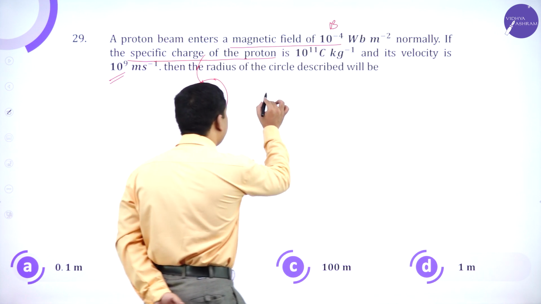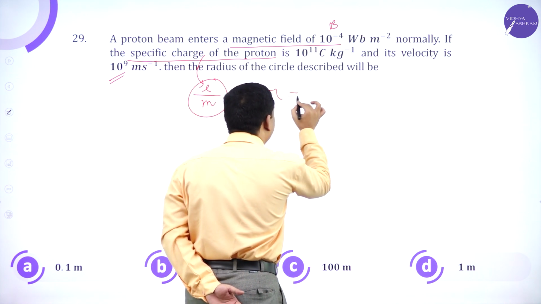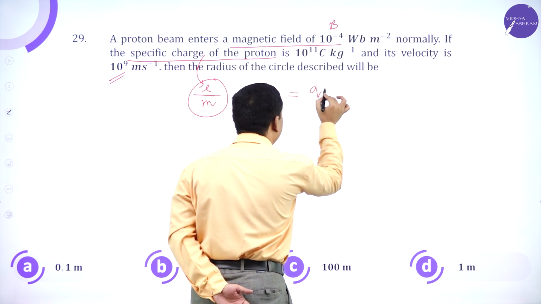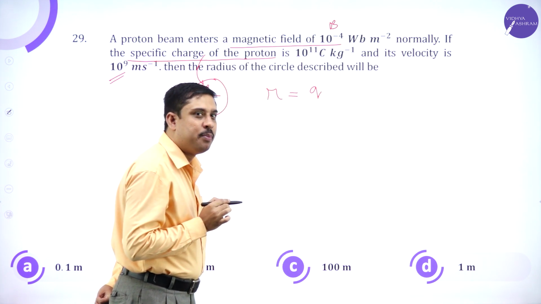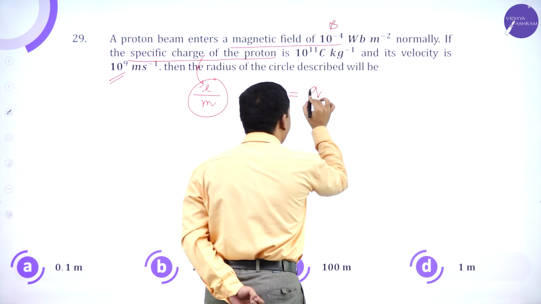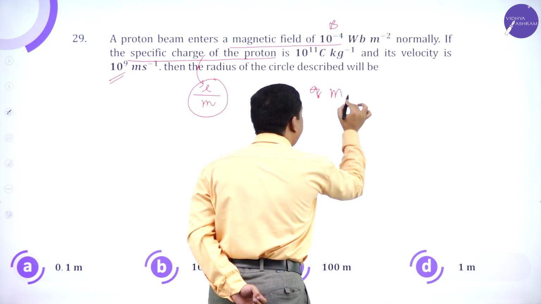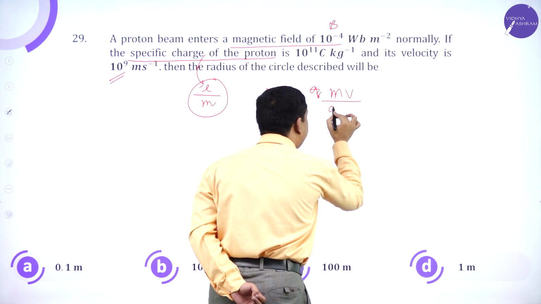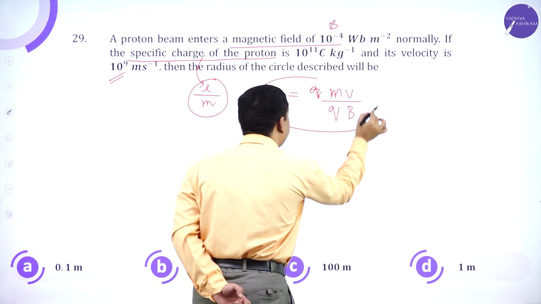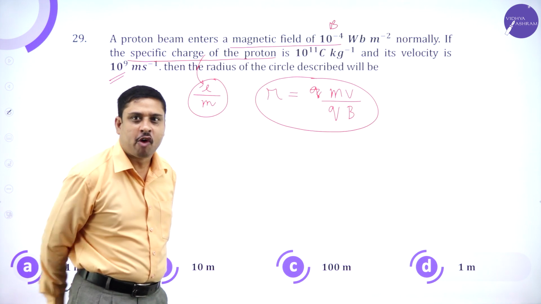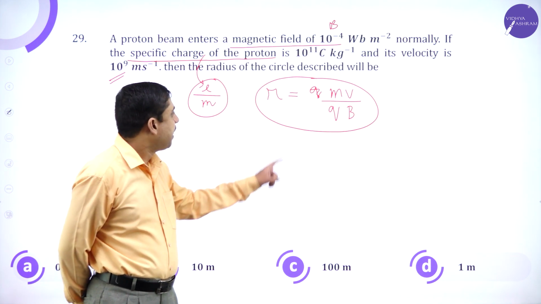So we know the radius of the circular path will be, yes, what will be the radius of the circular path? MV divided by QB. This is already from your application of moving charges.